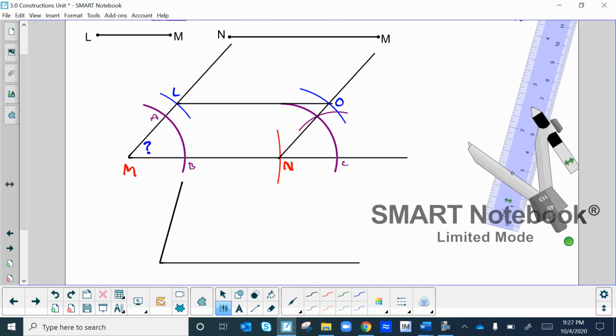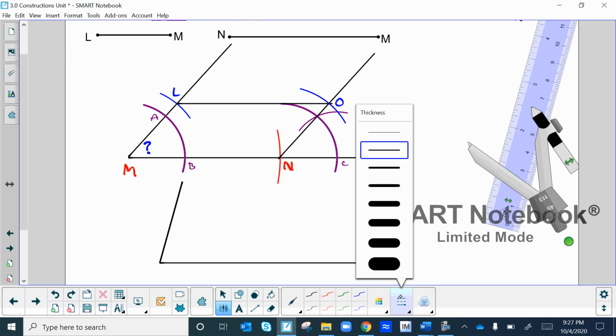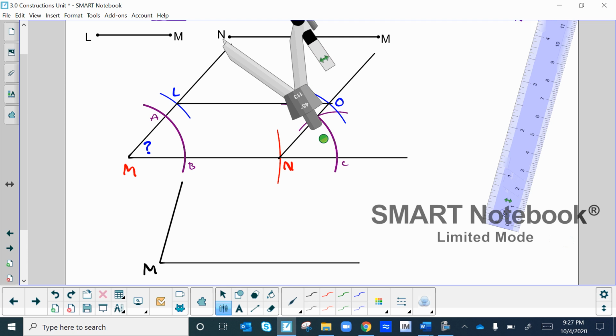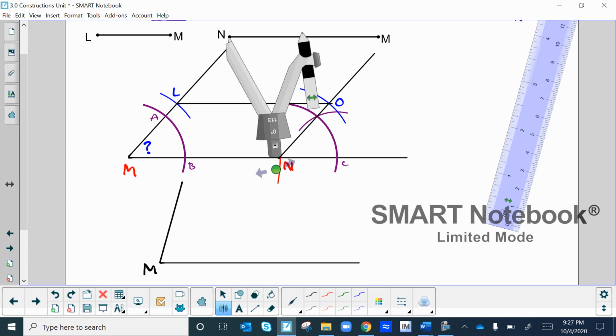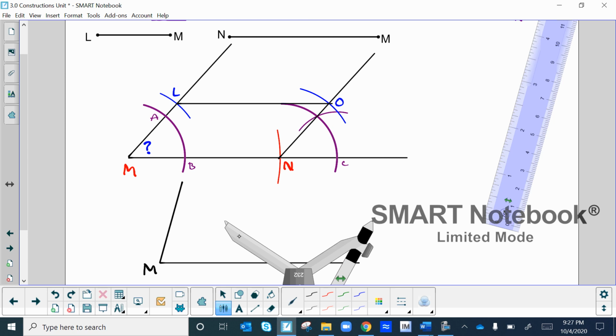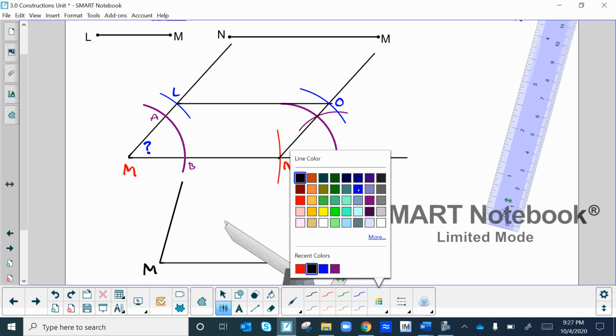So we started off with this. Remember, this is going to be M. I don't know where N and L are yet because I have to measure exactly how long it is again, because you need to be precise. I'm going to measure how big that is, come down here and make an arc.